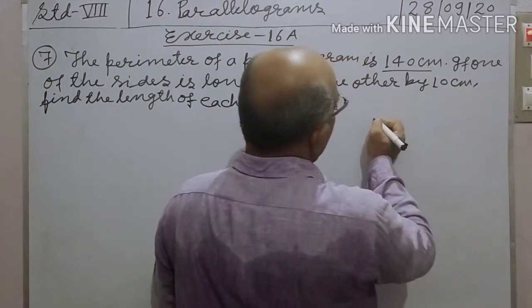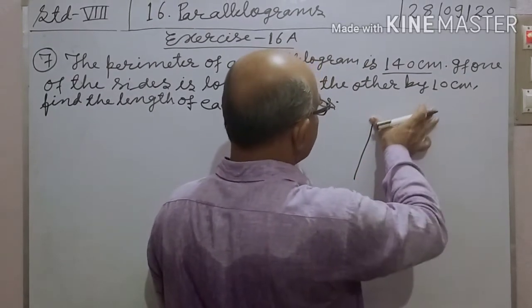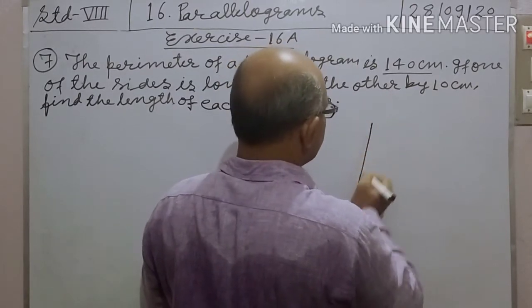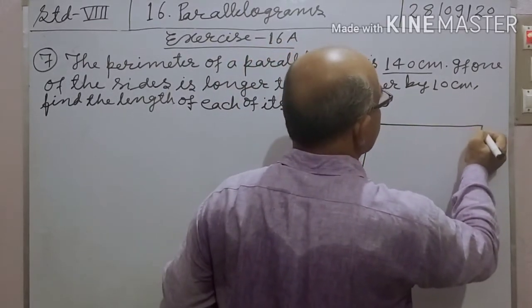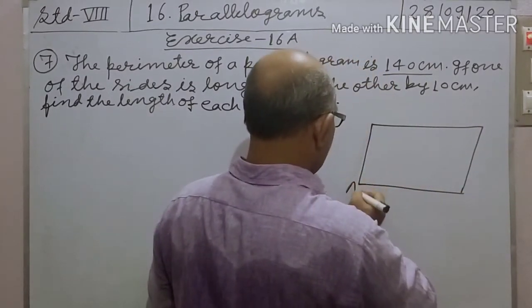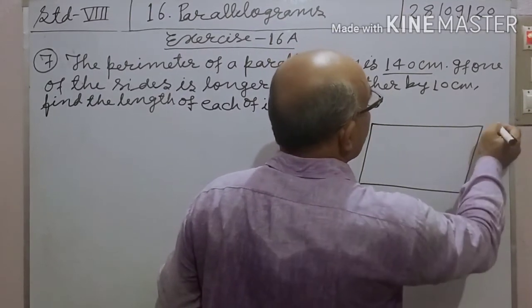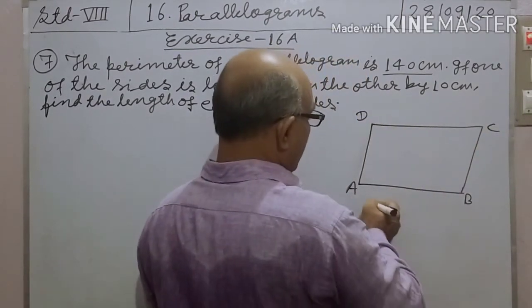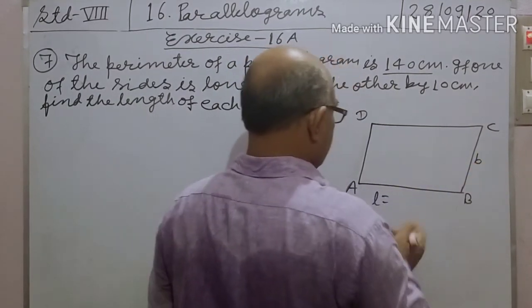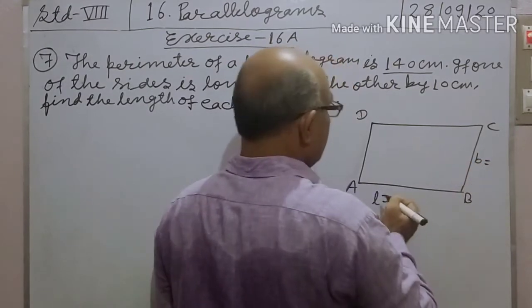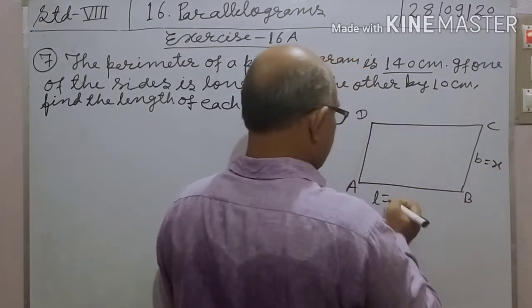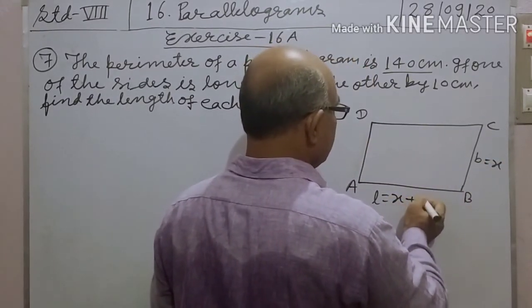So, draw a figure of parallelogram A, B, C and D. Longer side suppose let L and shorter side is B. Let B equal to X, then L equal to X plus 10.